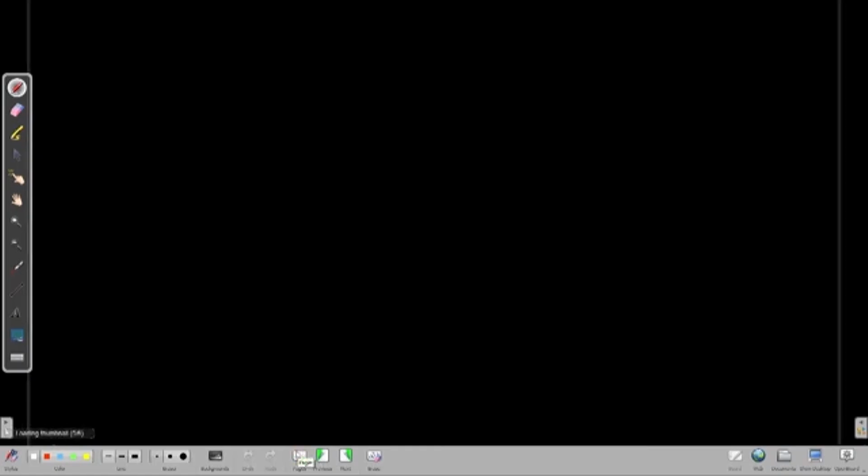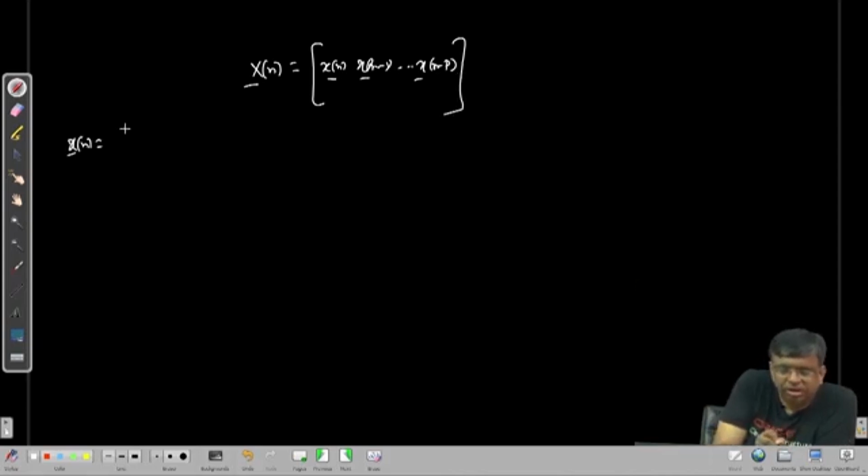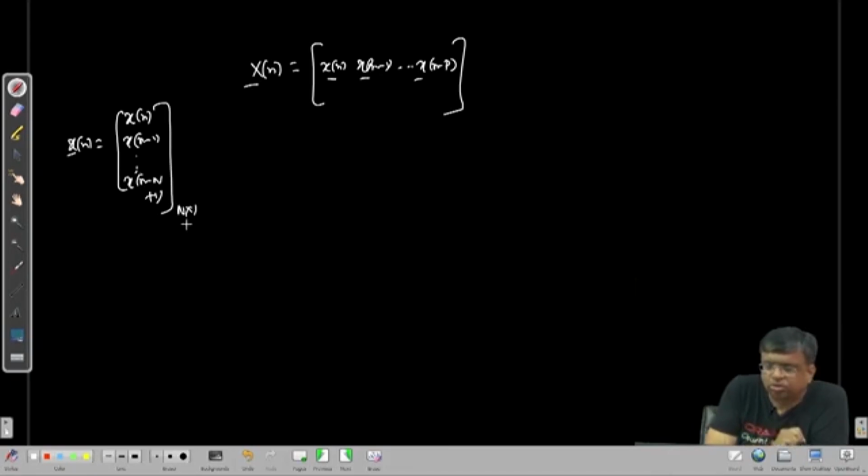Let us study this matrix x transpose n x n. What was our x n? It had a vector x n, then x n minus 1 vector, dot dot dot, x n minus how many? P. Xn was the filter input data vector at nth clock. Its size is n cross 1.